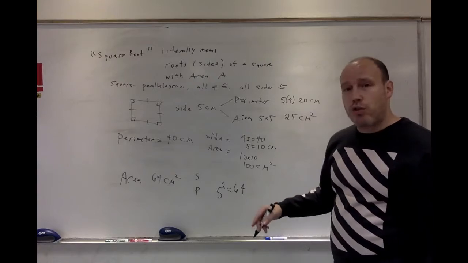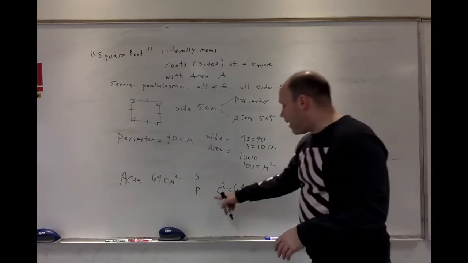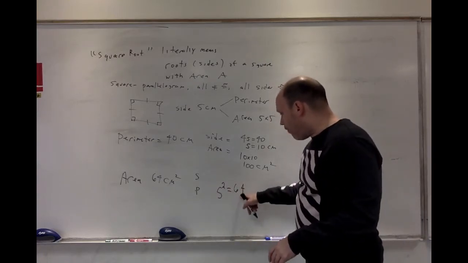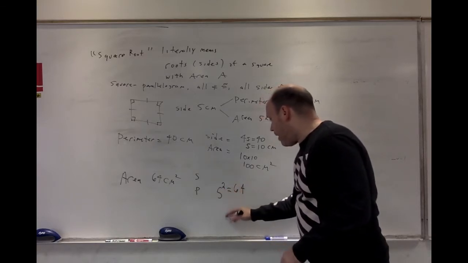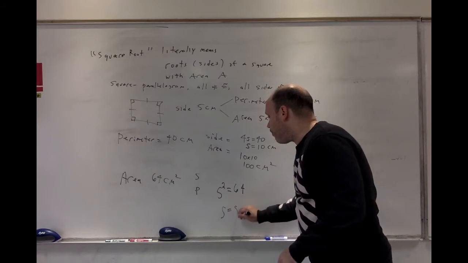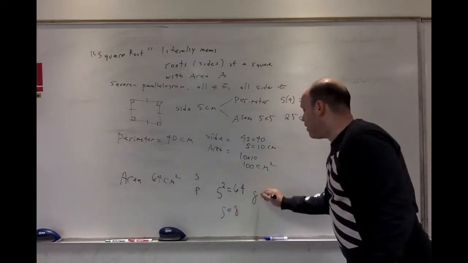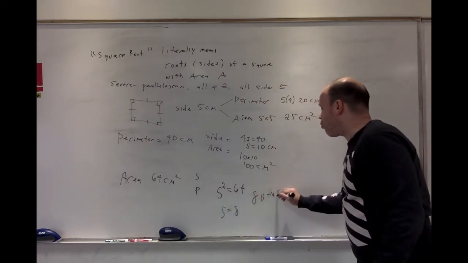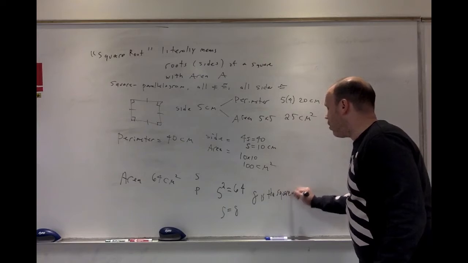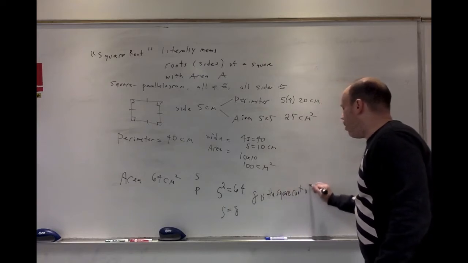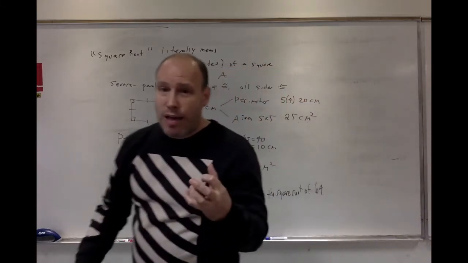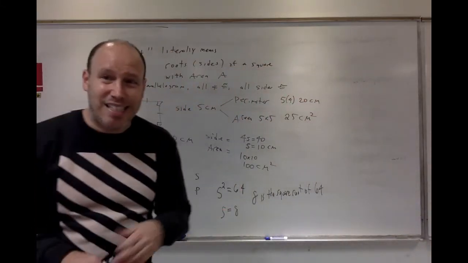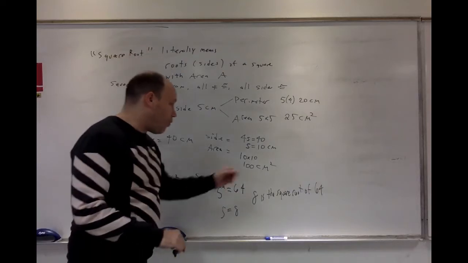How do we undo a square? Well, something times something equals 64, and the idea is s equals 8. So we say that 8 is the square root of 64. That's, once again, 8 is literally the side of a square whose area is 64, the square root.